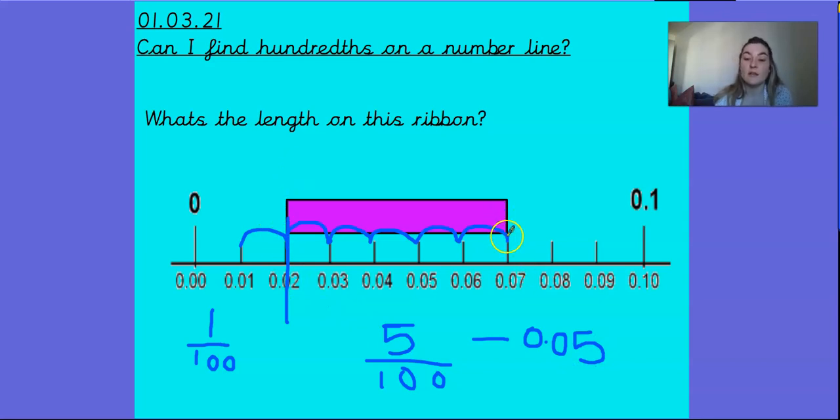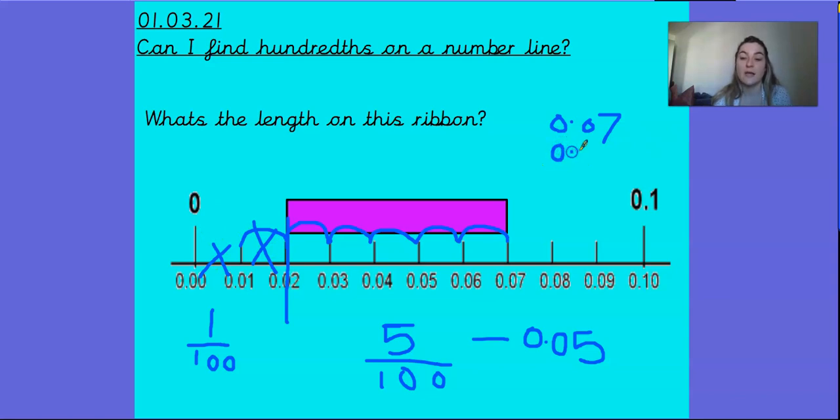And one thing you might notice is that it measures up to 0.07 on here, but there are 2 hundredths that are missing that you cannot count here because the ribbon has not started from 0. So you could always see where it measures up to on here and take away the hundredths that are here.